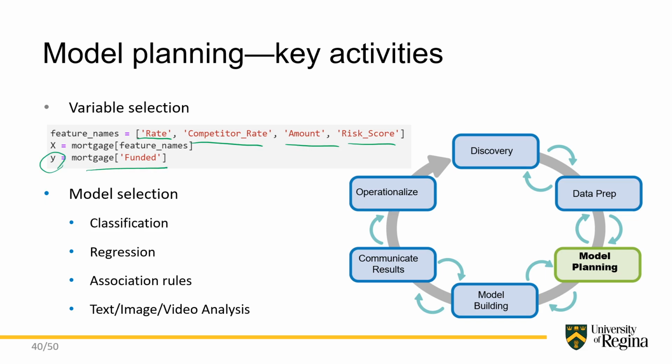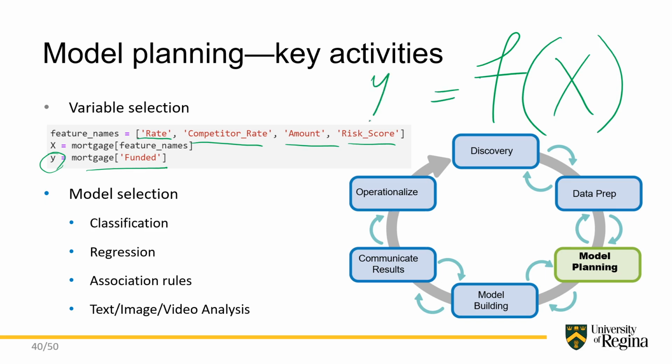Here is where we decide what is the variable that we're going to predict, which we call Y, and what is the input, which we call X. Why do we do that? Because we're trying to create a function of X that gives us Y as the output.